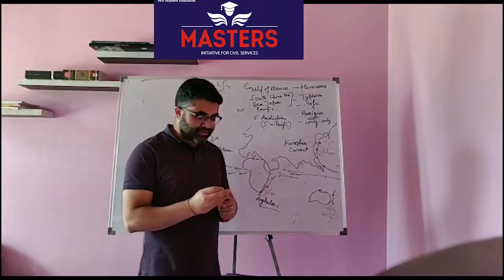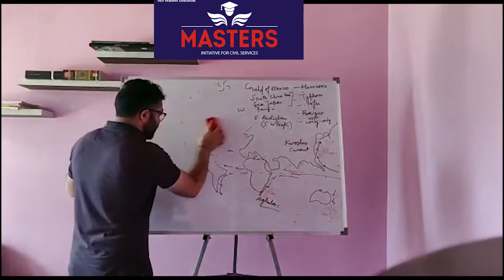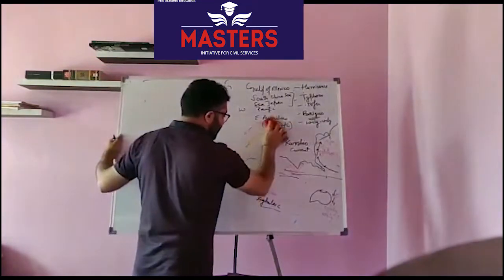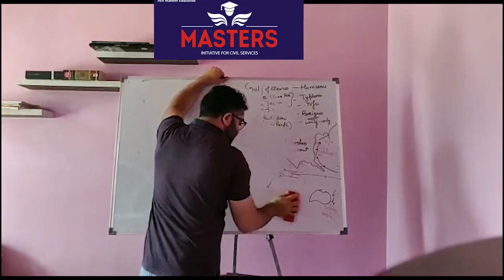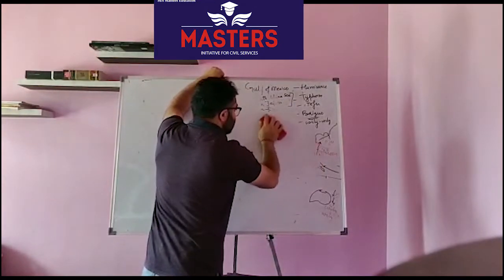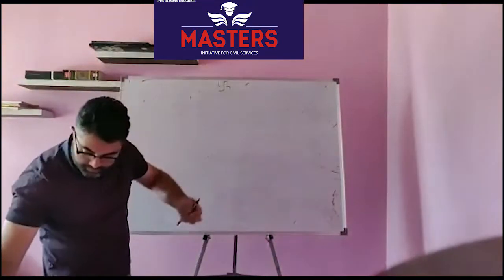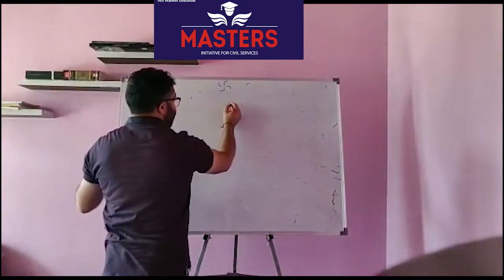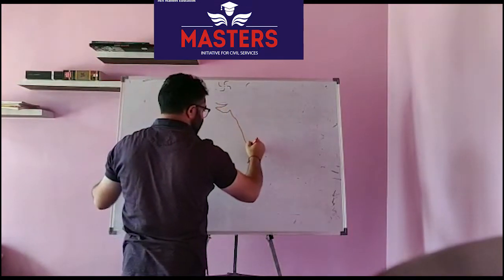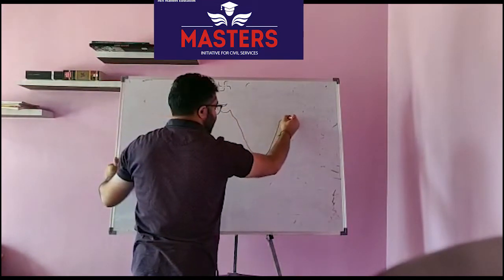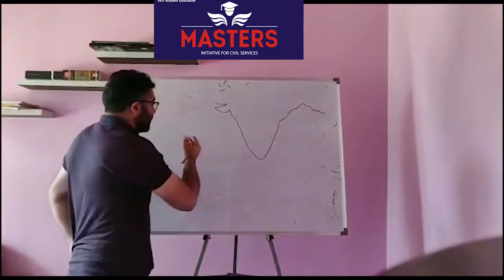Let's compare these two. Why are cyclones more frequent in the Bay of Bengal and less frequent in the Arabian Sea region? For that, let me draw an India map, just for the demonstration's sake. Suppose this is the peninsular region of India, the peninsular part of India, right?